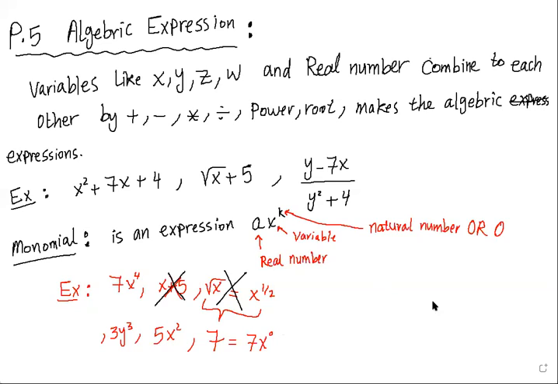Let's go to the second definition. It's called binomial. The binomial is the sum of two monomials.